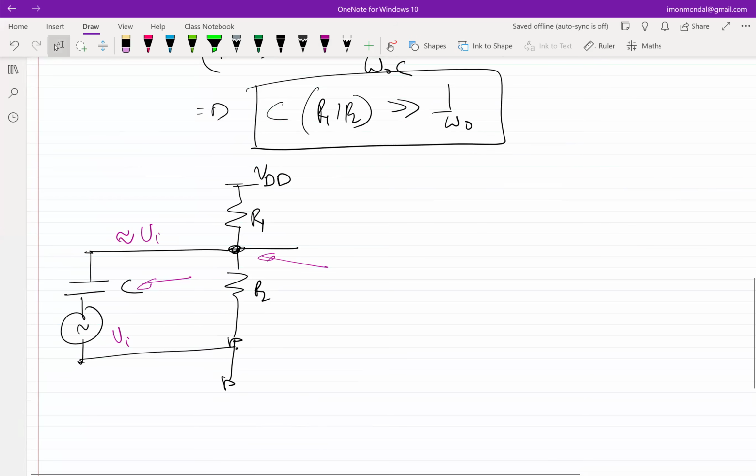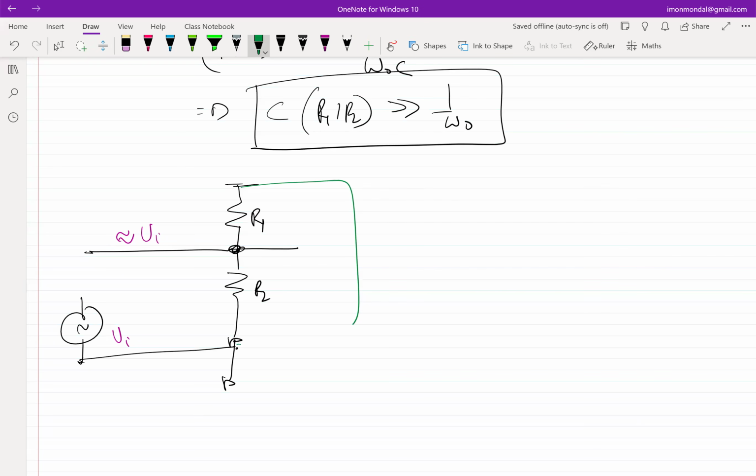So now the question that a designer would ask is, what value of the capacitor should I choose so that it behaves almost like a short circuit at omega naught? VDD doesn't matter anymore because the capacitor gives you infinite impedance anyway to all DC, so I can say that it doesn't exist for our analysis.